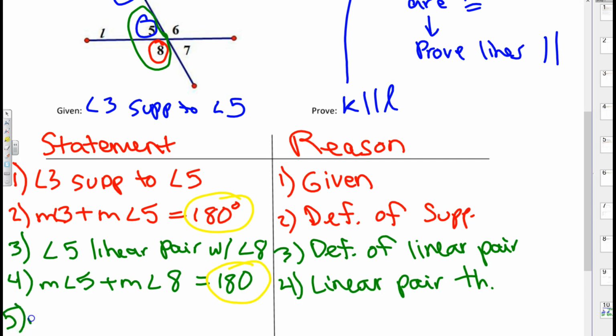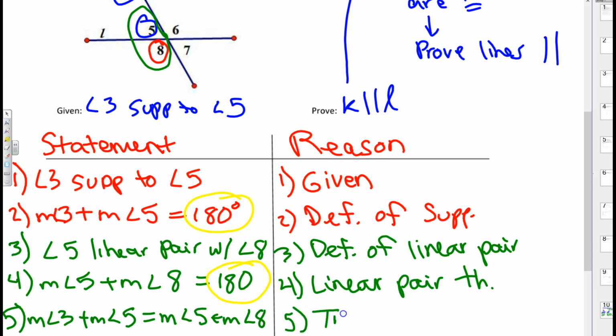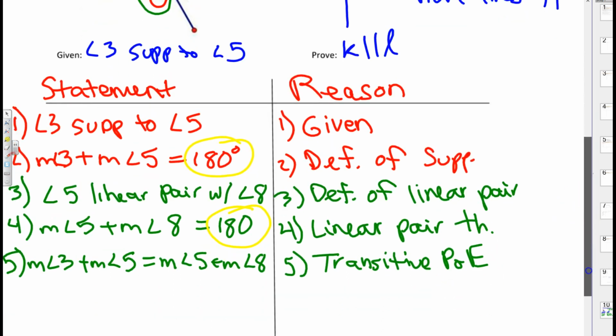So now I can say that the measure of angle 3 plus the measure of angle 5 is equal to the measure of angle 5 plus the measure of angle 8, all by, guess what? The transitive property, which is my favorite property, guys. I love the transitive property. Transitive property of equality, because we're dealing with equal signs.